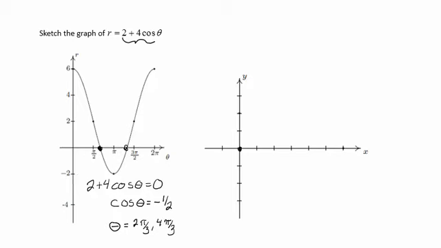At these two angles, we know we're going to be at the origin. Of course, these two angles live in the second and the third quadrants. For any other angle, we're going to have a non-zero radius.